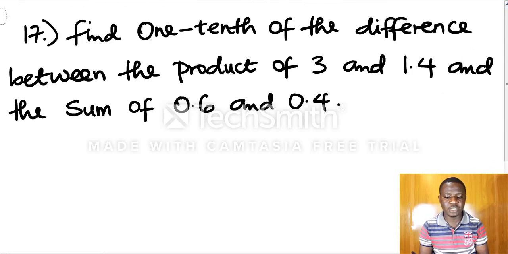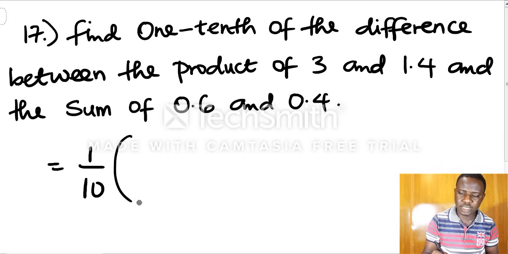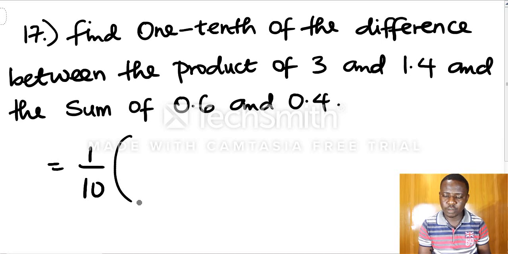Question 17 says we should find 1/10 of the difference between the product of 3 and 1.4 and the sum of 0.6 and 0.4. That will be 1/10 into bracket, the difference between the product of 3 and 1.4 and the sum of 0.6 and 0.4.